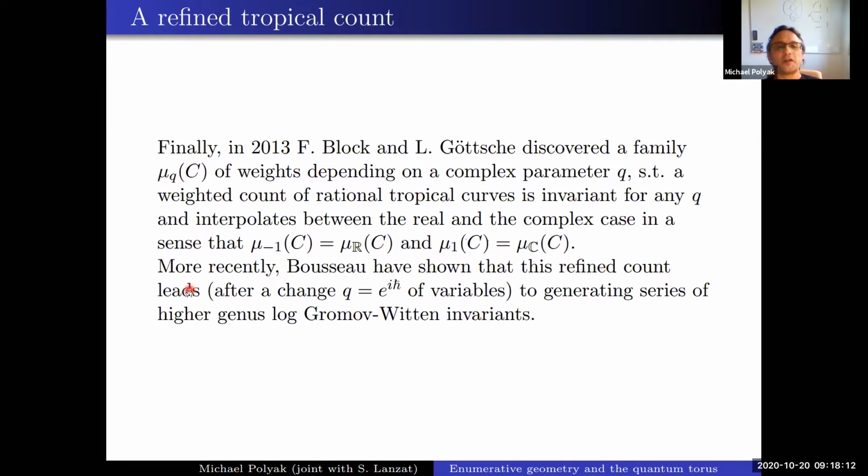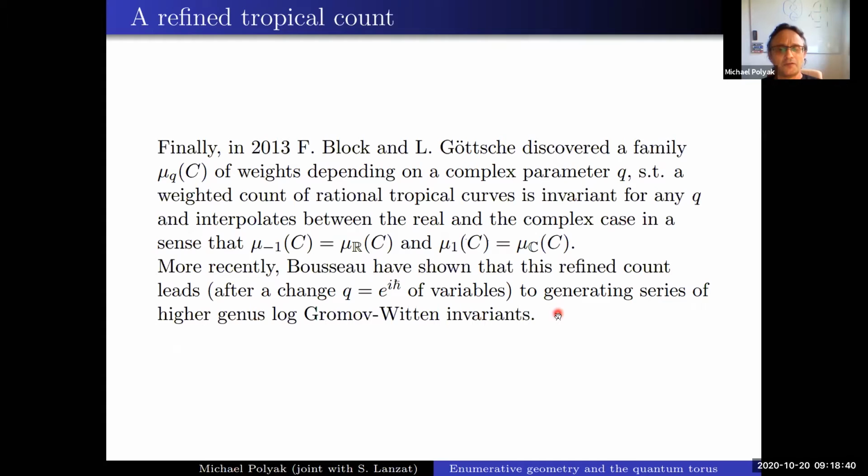Out of this count, you can also somehow recover some generating series of counting things for the higher genus, log Gromov-Witten invariants with some lambda classes, whatever this is, but they contain interesting information not only about rational curves, but also about higher genus curves.